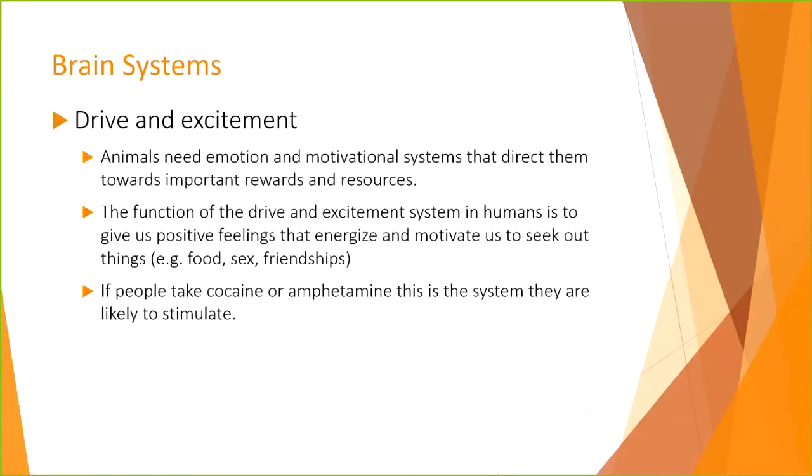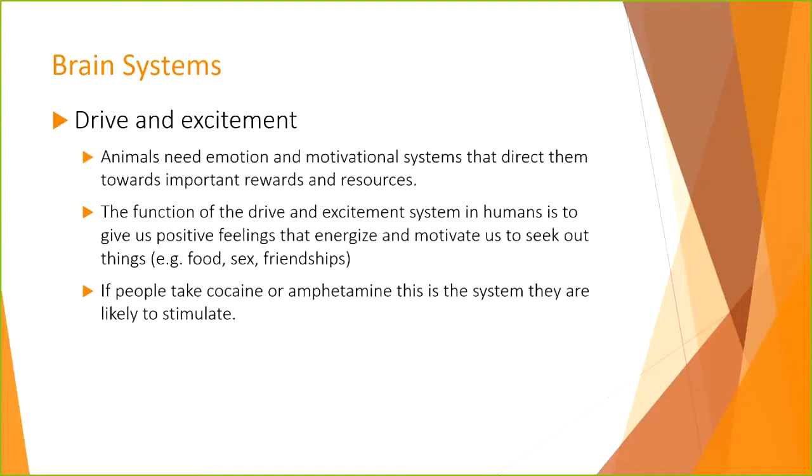The next system is the drive and excitement. Animals and humans need emotion and motivational systems that direct them toward important rewards and resources. From the time we're born, we have this desire for affiliation. From the time we're born, there's a release of oxytocin when there is mother-baby or dad-baby, person-to-baby contact.